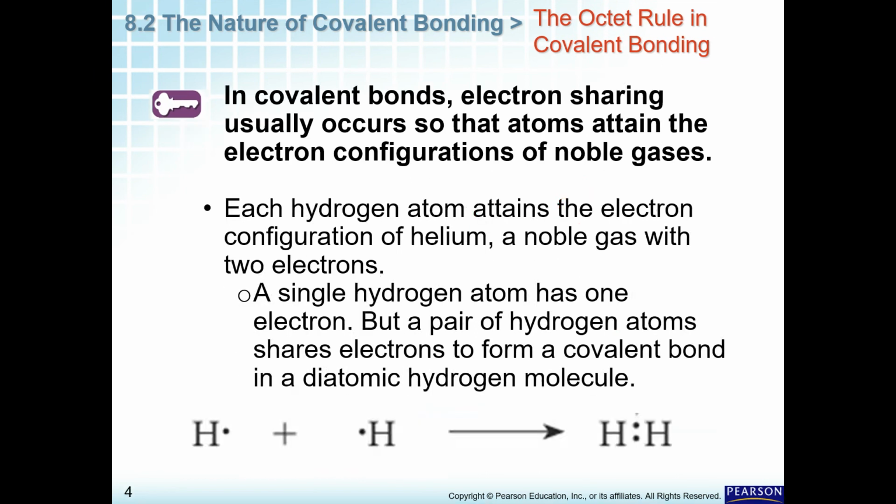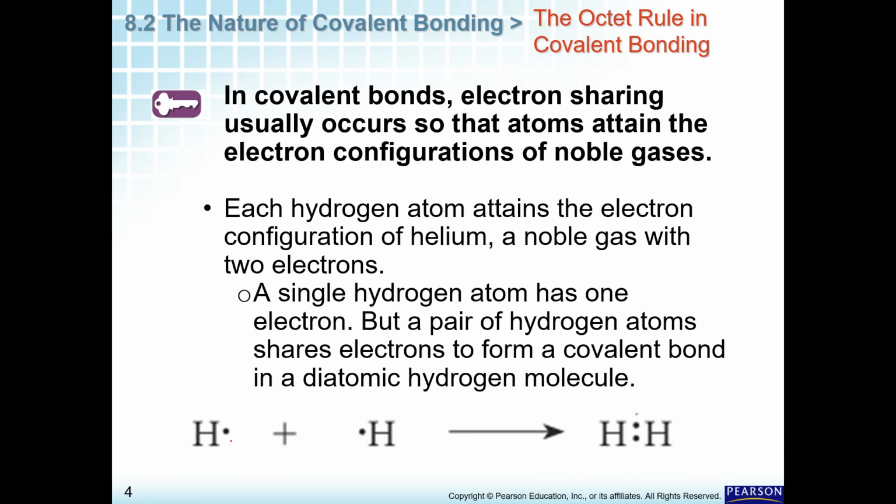However, there is a special one that will not get the same electron configuration as 8 valence electrons, and that is hydrogen. Hydrogen is okay with attaining the electron configuration of helium, and it's because helium is still a noble gas. It's just a noble gas with 2 electrons. So the way that it obtains 2 electrons is we will have a single hydrogen atom right here.